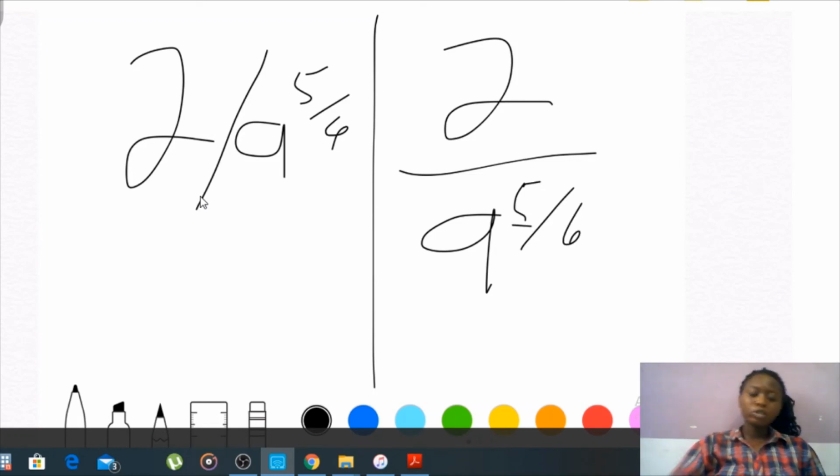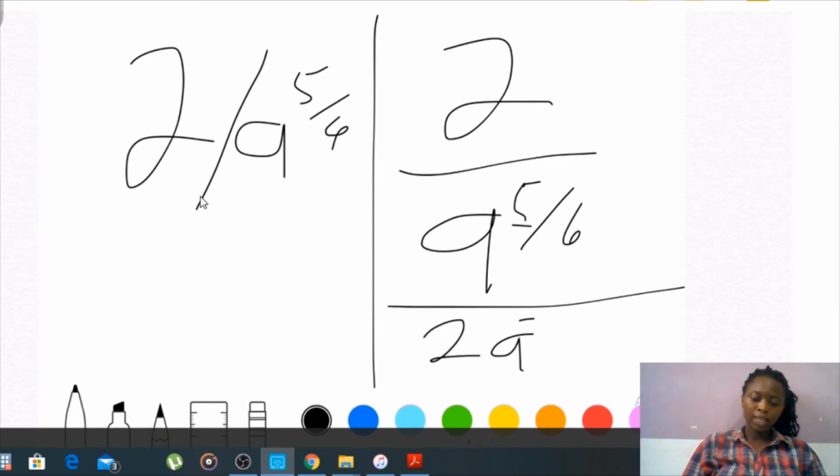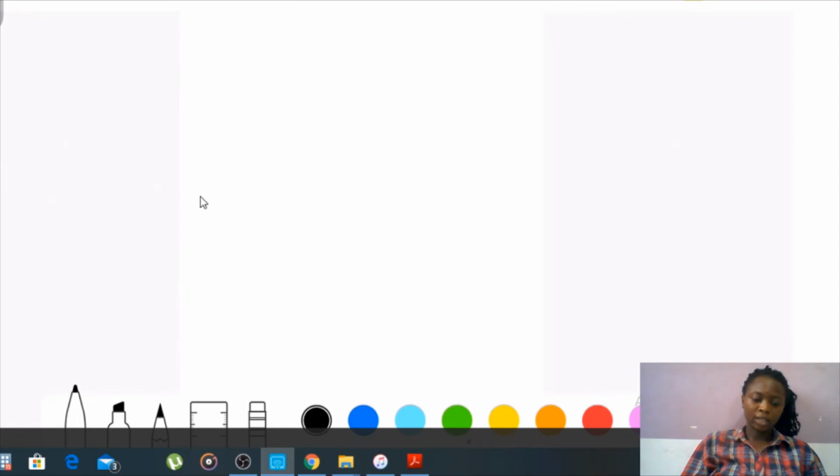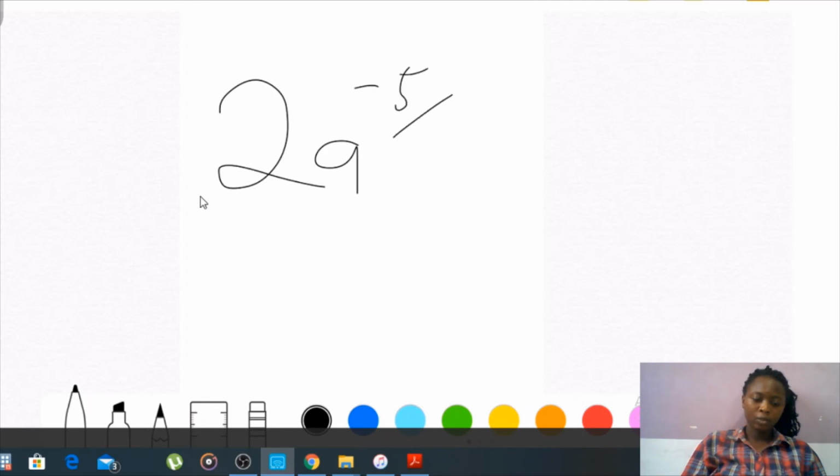Mostly, it's advisable to leave your answer in a linear form, so you just have to rewrite this as 2a raised to the power negative 5 over 6. So this is our final answer: 2a raised to the power negative 5 over 6.